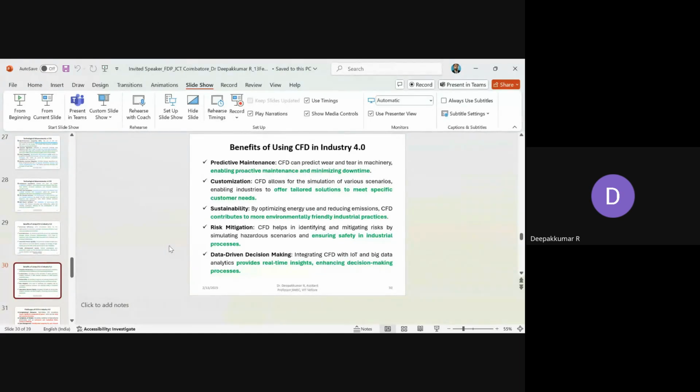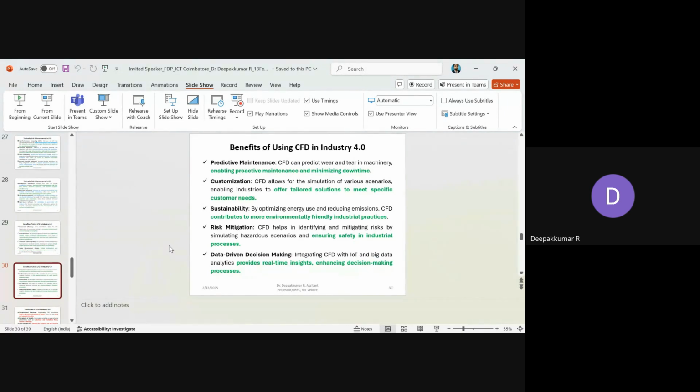And sustainability: by optimizing energy use and reducing emissions, CFD contributes to more environmentally friendly industrial practices. And risk mitigation: CFD helps in identifying and mitigating risk by simulating hazardous scenarios and ensuring safety in industrial processes. So wherever you want to do experiments where the human hazard is higher, you can use virtual simulation that will give a better prediction of the phenomenon and reduce the risk to humans.